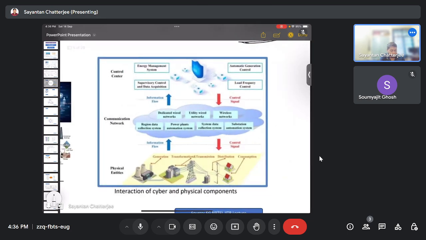So mostly the physical layer that we have: generation, transmission, distribution, consumption, this was there. As I've discussed, information flow.